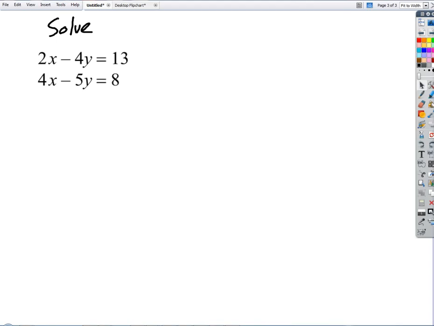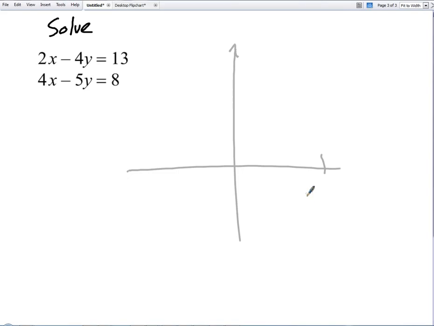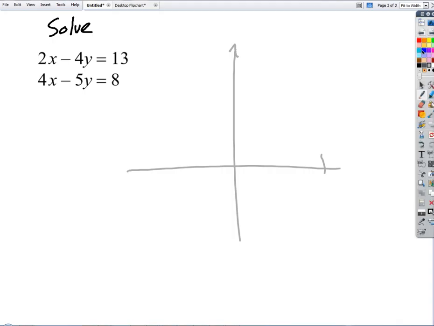Okay, now each of those, if I look at these separately, that top one is a line, isn't it, if I graph it, right? We won't bother with graphing it correctly yet, but that's a graph of a line. So if I were to graph it, it would look something like this-ish.